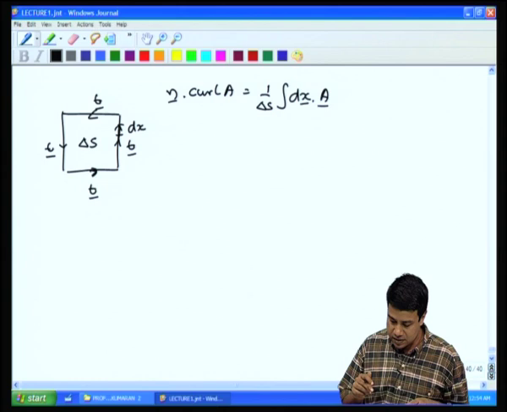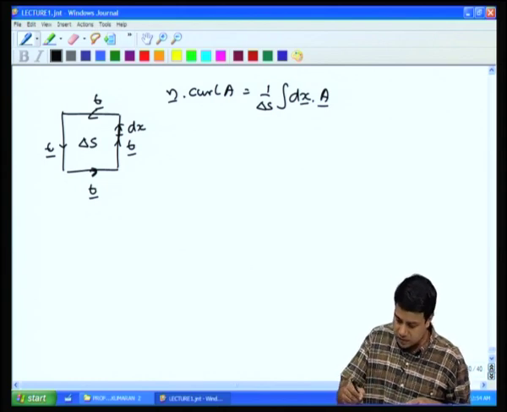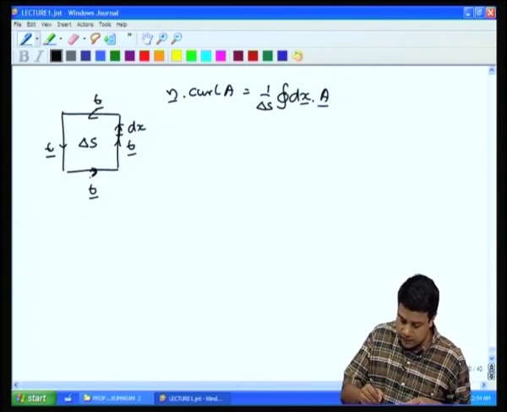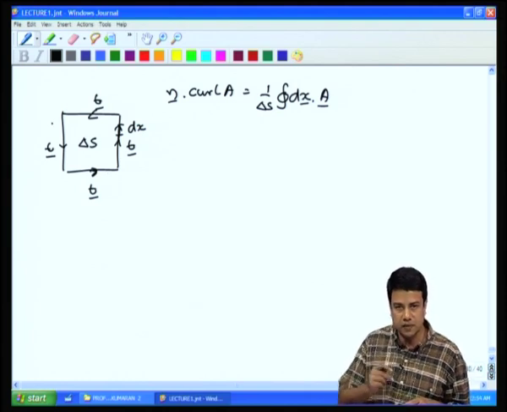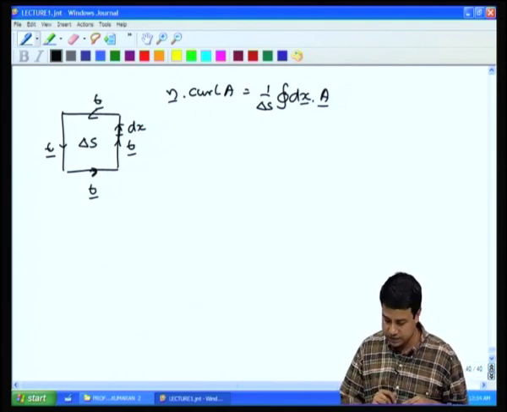Note that this is an integral over the entire path. So, this is a cyclical integral, which goes all the way from the beginning to the end. So, it is an integral over the entire path.